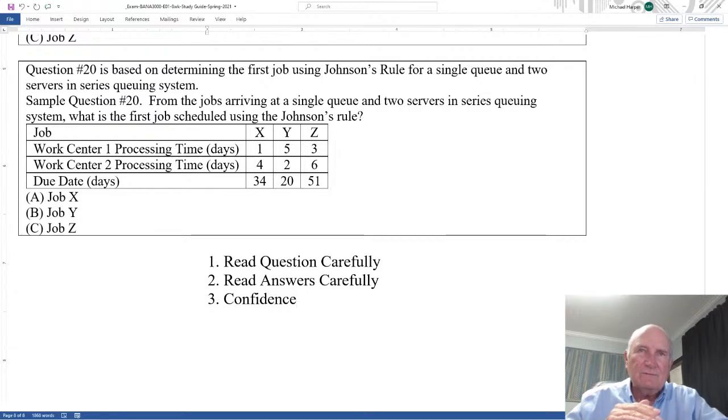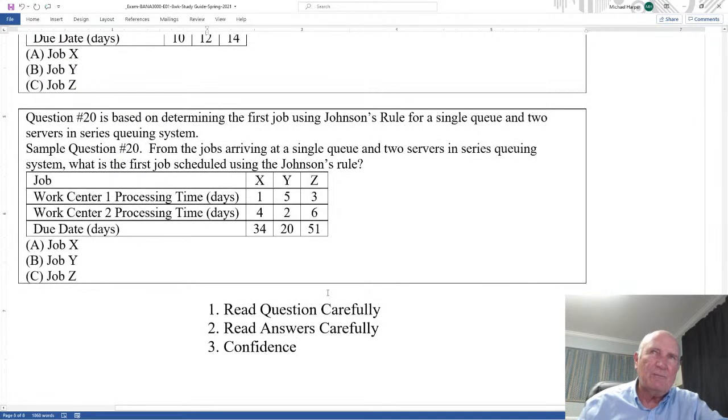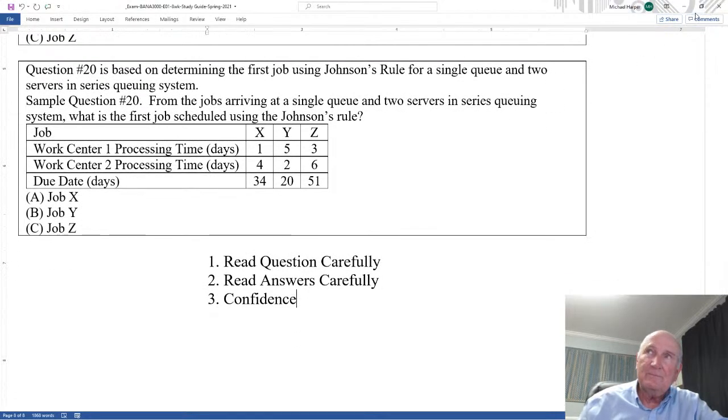If you don't know it, then you don't know it. Put a number and move on. Don't worry about it. Have confidence in what you know. Don't let what you don't know undermine what you do know. Okay, so those are things I think are important for taking an exam. Any exam. Actually, not only an exam, but anything that you have to perform in.